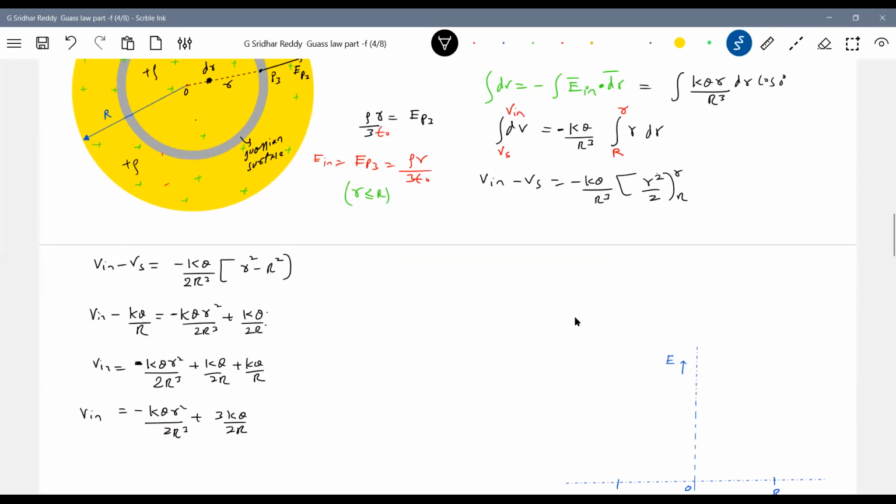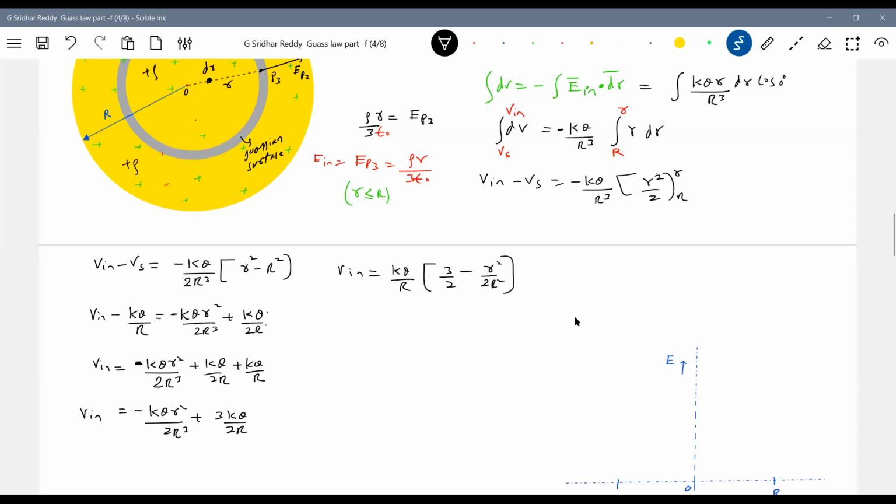So KQ by R is potential on the surface. If I take outside KQ by R, how much will I get? 3 by 2 minus r square by 2R square.